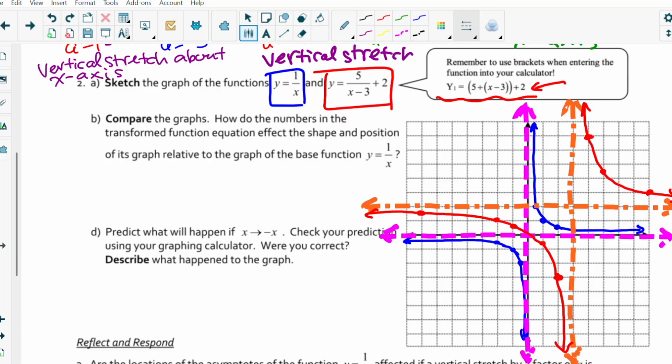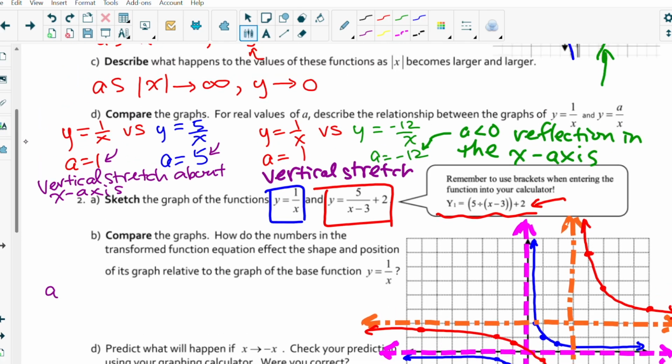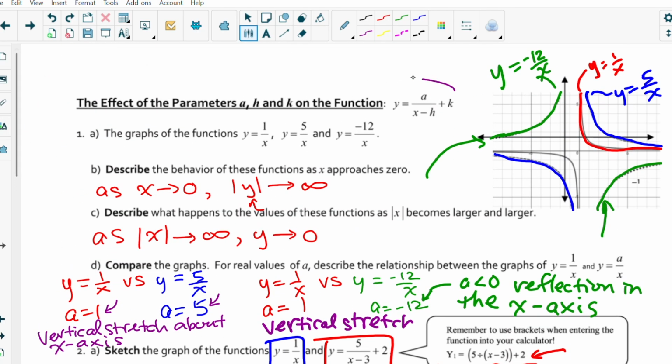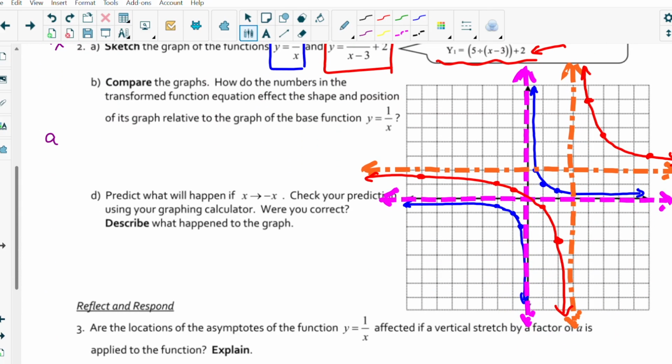Compare the graphs. How do the numbers in the transformed function equation affect the shape and position of its graph relative to the graph of the base function y equals 1 over x? So if we are thinking about this format here, a, h, and k, all the same values we're used to from our function transformations.